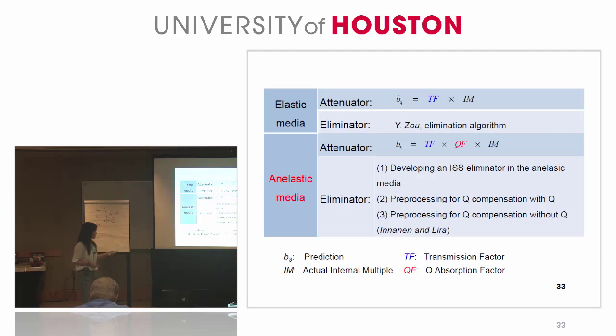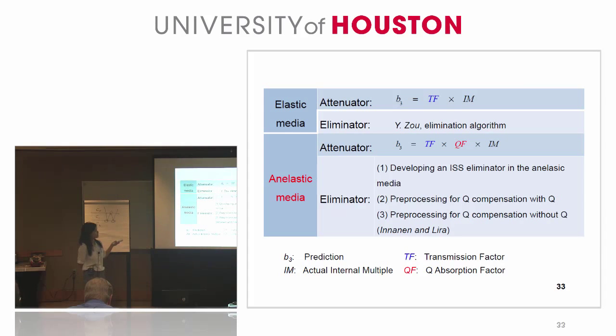The next situation is if your Earth is suffering from significant inelastic property, and based on our analysis, we'll have this result. The global transmission loss done to the interface that your multiple is generated is overestimated. And we have different plans to provide the eliminator.